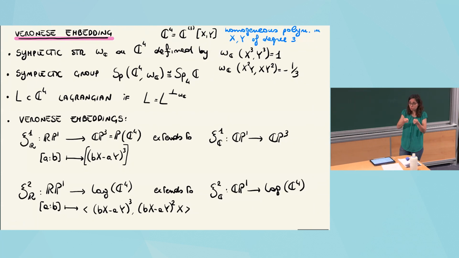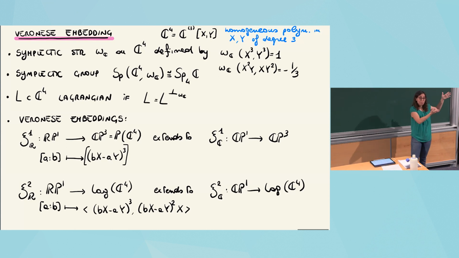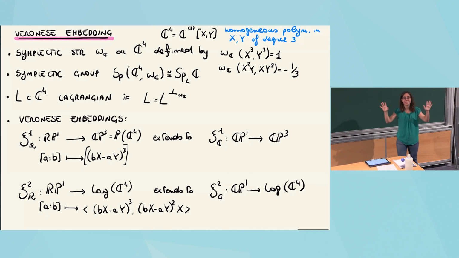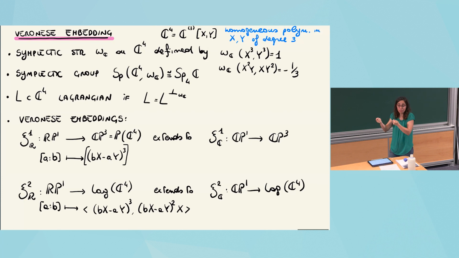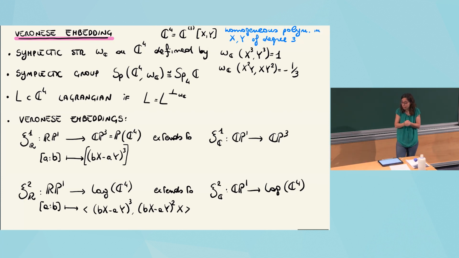With this setting, we can also write the limit maps concretely, which until now we just discussed as existing, as some magic objects. In this case the limit maps are very concrete. They are the Veronese embedding, mapped from RP1 into projective space, or from RP1 into the Lagrangians. In terms of polynomials, you can take a point in RP1 and send it to the polynomial that has this root as a triple root.